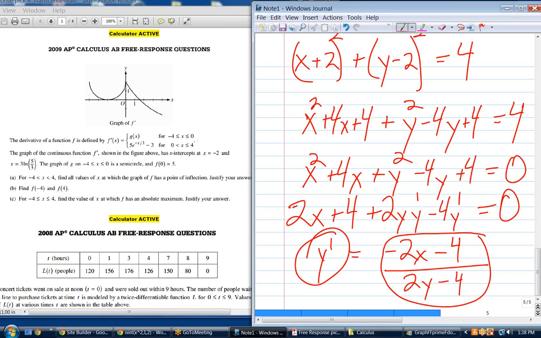What if I plug in 0? Because the other critical point here is that one right there. That's where the second derivative is undefined. Here's the second derivative, so if I plug in x equals 0, I'm going to get a minus 4 over 2y minus 4.